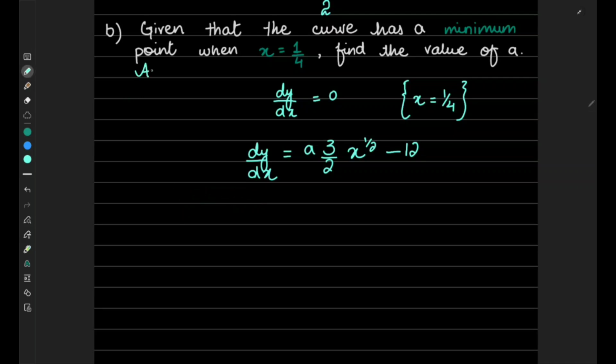At minimum, dy by dx equals 0. So let's put this equal to 0, a times 3 over 2, and at what point do we have minimum? 1 over 4. So 1 over 4 to the power 1 over 2 minus 12.